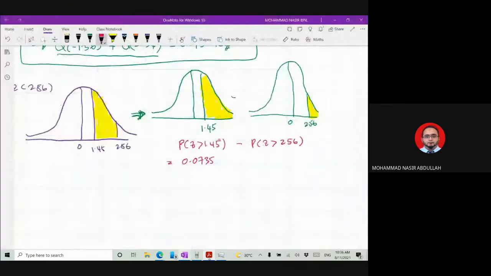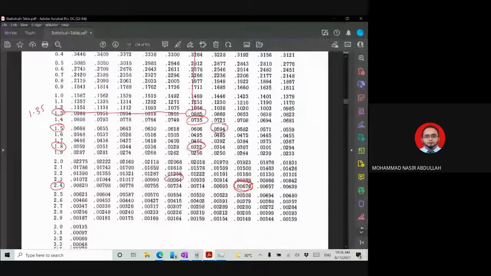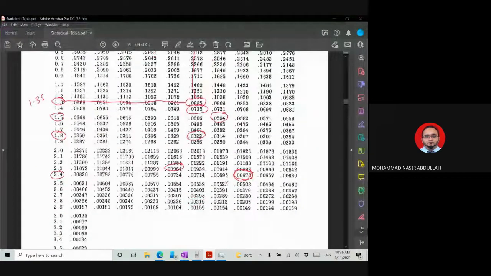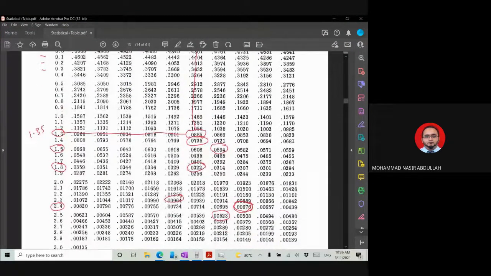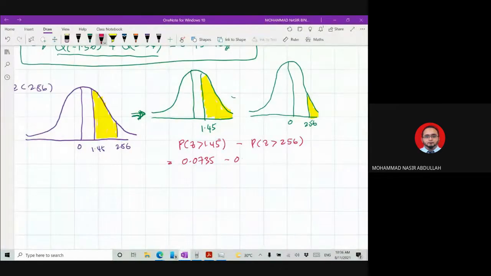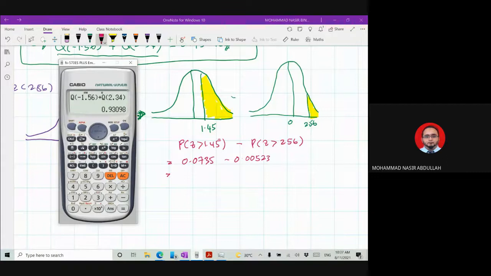So 2.56 is somewhere here, 0.00523. So by using calculator, 0.0735 minus 0.00523 should be 0.0682.